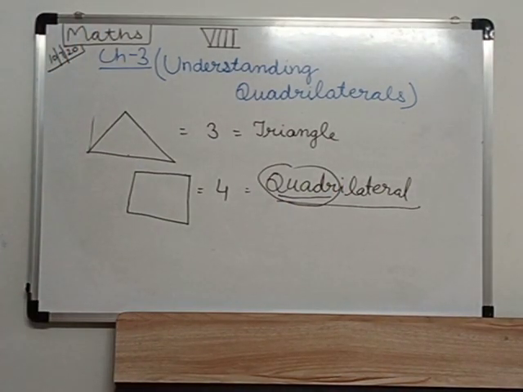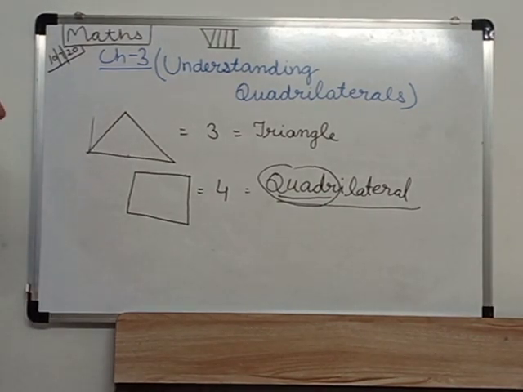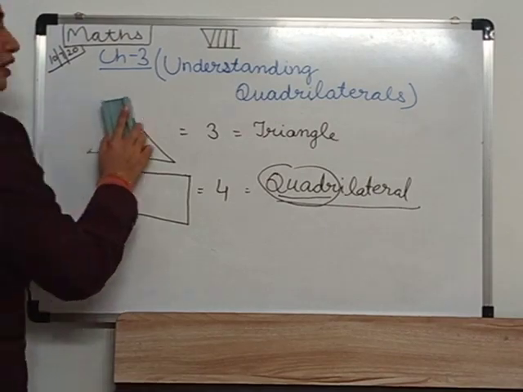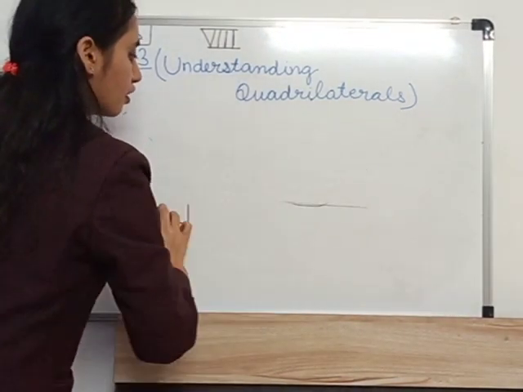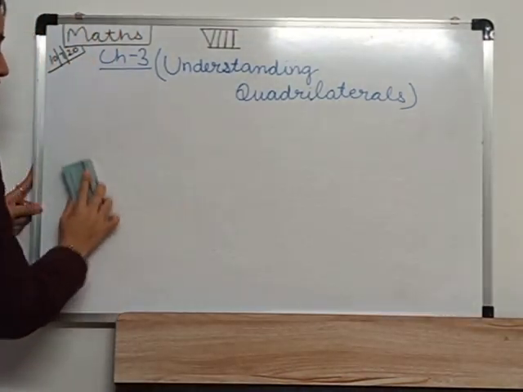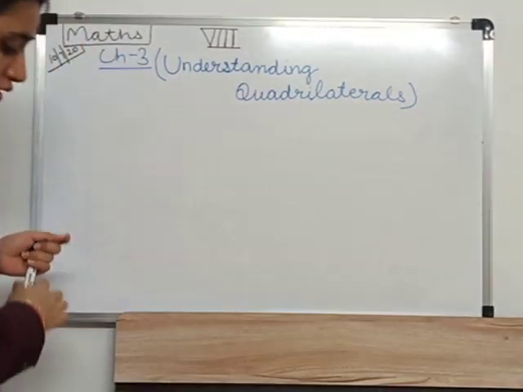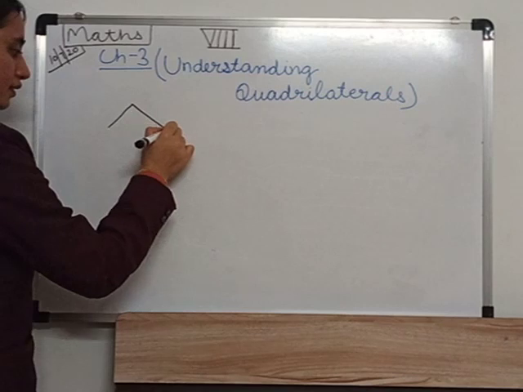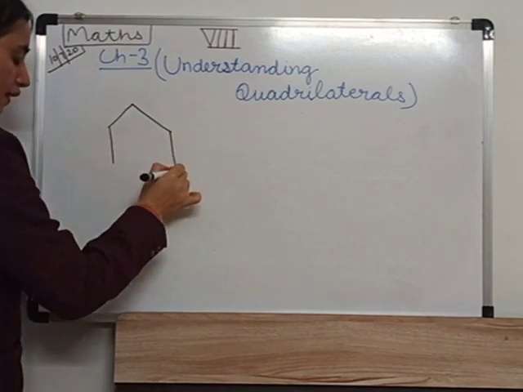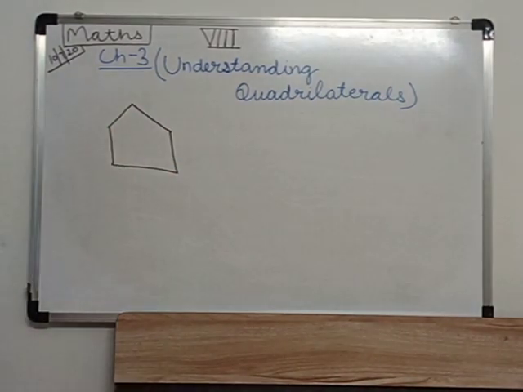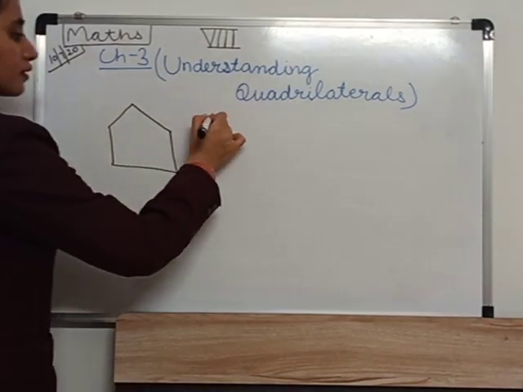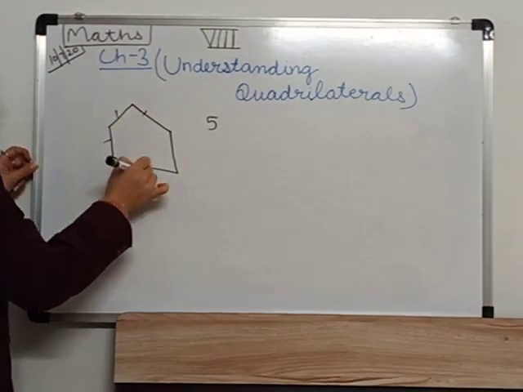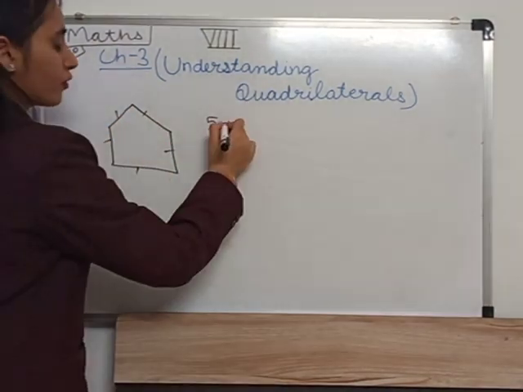Now some polygons have 5 sides, some 6 sides, some 7, 8, 9. So what are their names? The polygon which has 5 sides, see, this polygon has 5 sides. 1, 2, 3, 4, 5. What is the name of this figure?